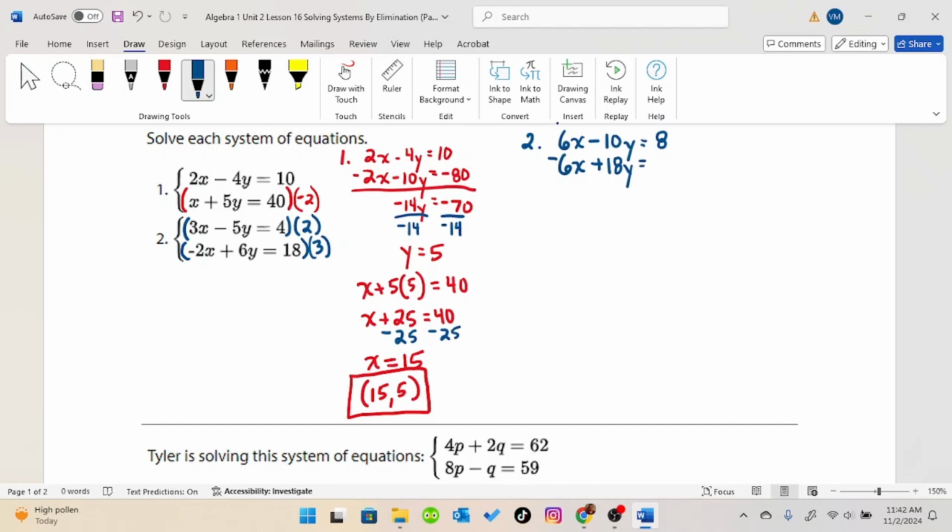And 3 times 18 is 54. Now if we add them together, 6x minus 6x becomes 0. Negative 10y plus 18y becomes 8y. And 8 plus 54 becomes 62.